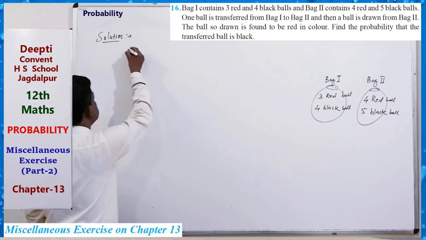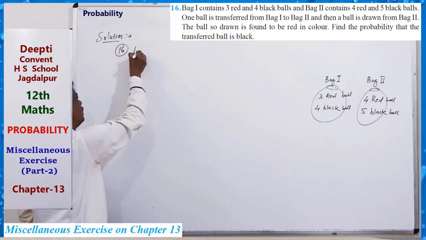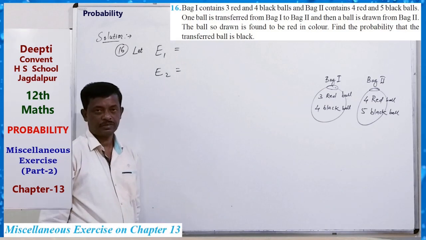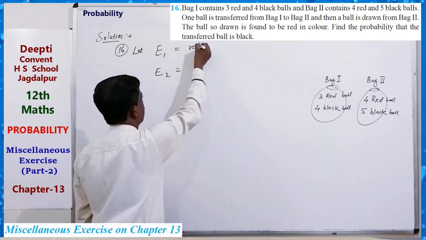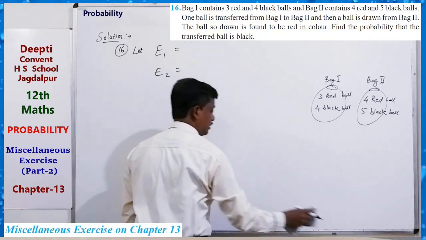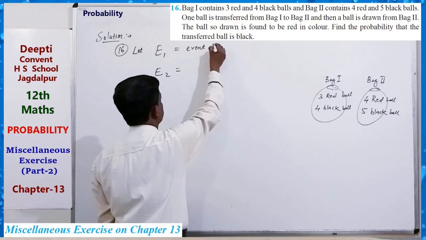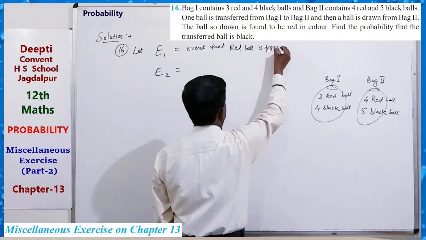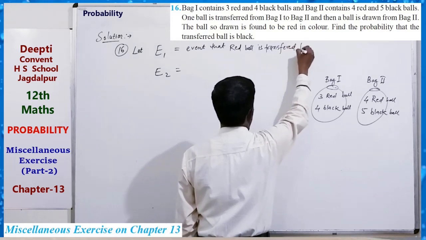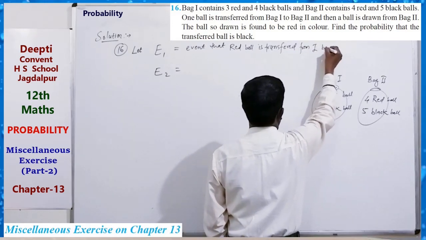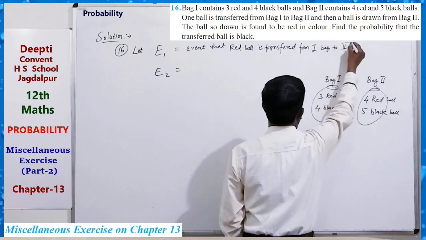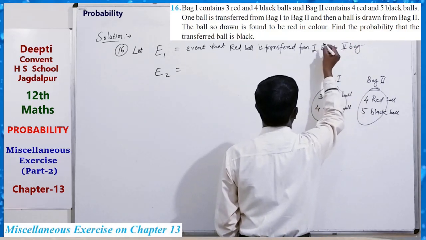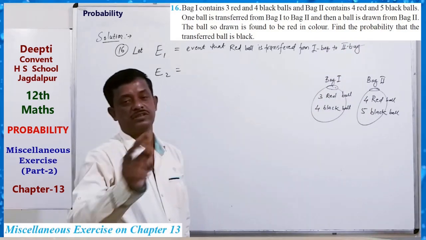Let E1 and E2 be the events that a red ball is transferred from the first bag to the second bag, and that a black ball is transferred from the first bag to the second bag.